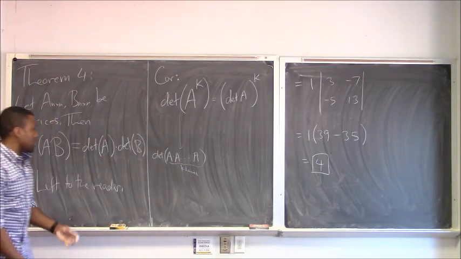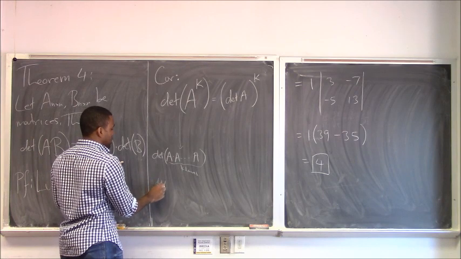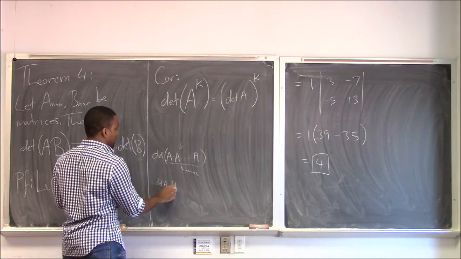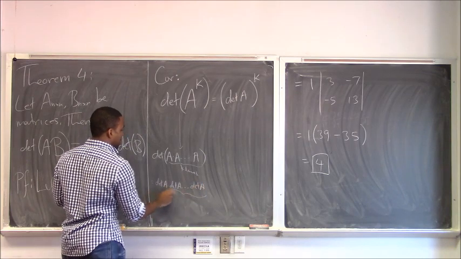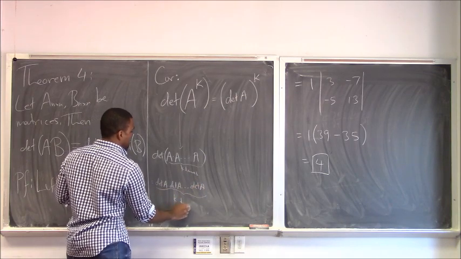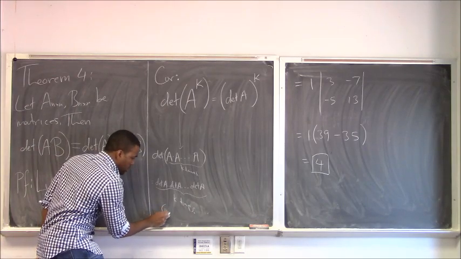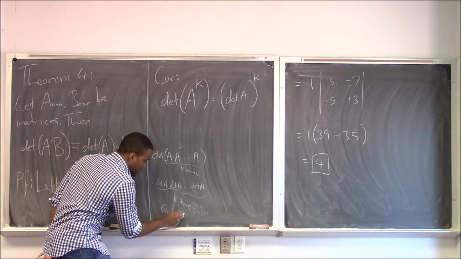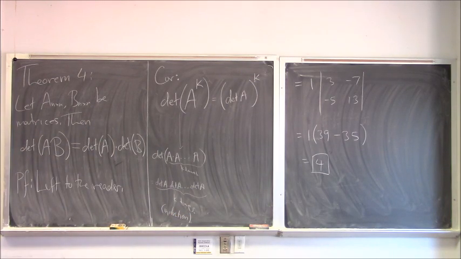And using induction on this guy with this formula, this is just going to split into the determinant of A times the determinant of A times the determinant of A, and that happens K times. At this point, you'd employ induction. We'll do some induction proofs later, and I know I'm mentioning it, but we're not doing anything at this point.